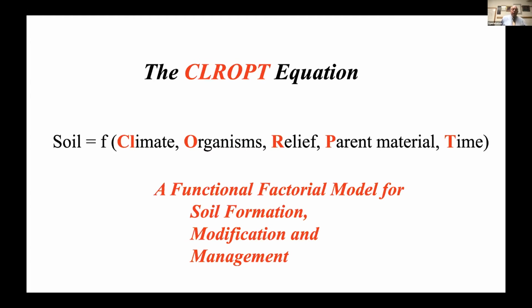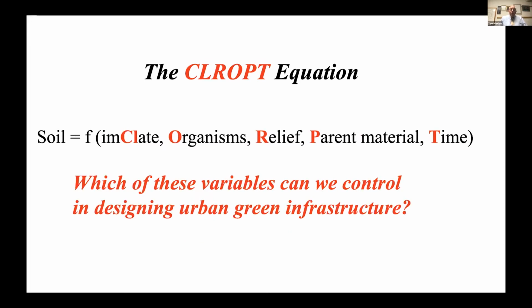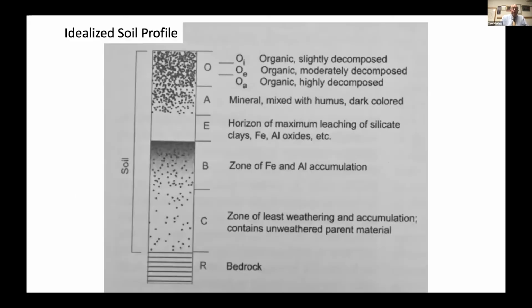We can agree or disagree with that at the moment, but for the time being, we need to be able to look at these different factors if we want to understand how soil is functioning in an urban environment. So which of these variables can we control in designing urban green infrastructure? I'm not going to give you an answer to that. I'm going to ask you to think about that, please.